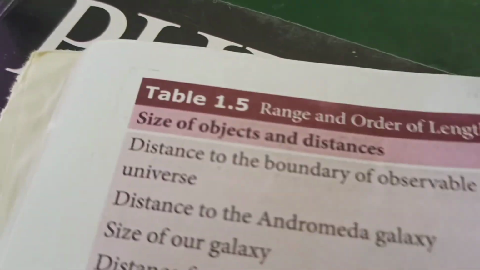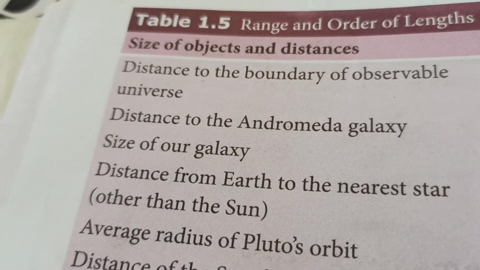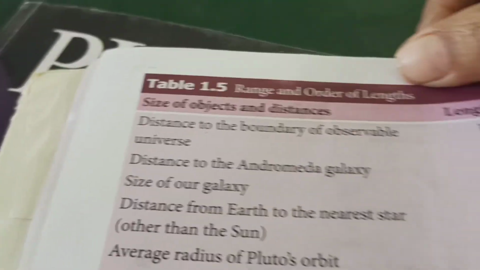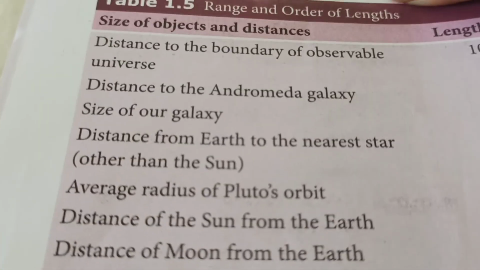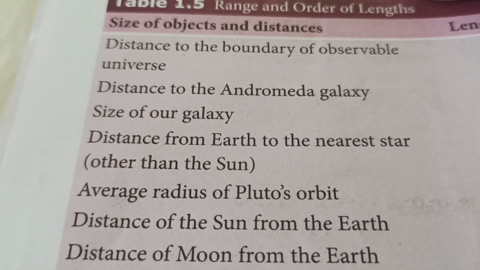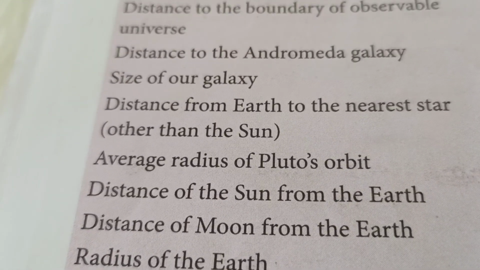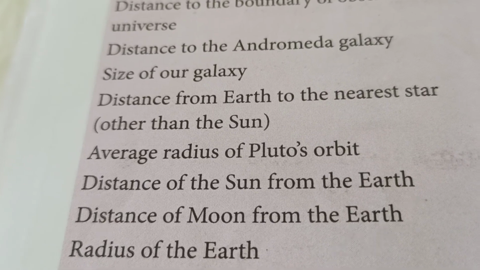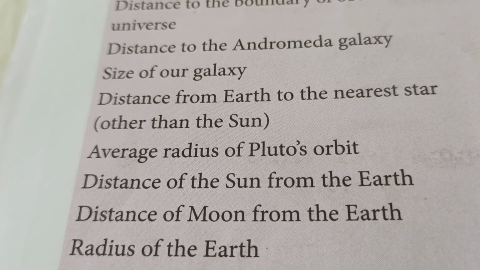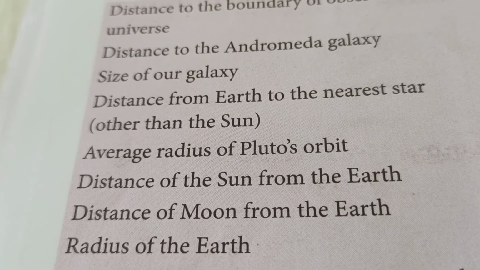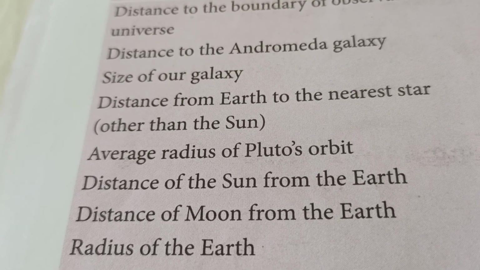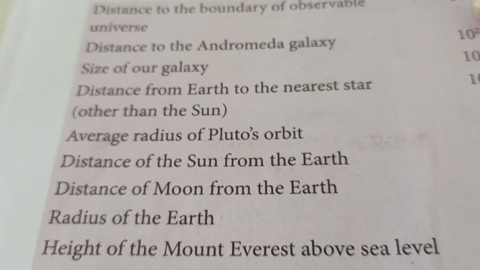Then the range and order of lengths, sizes of objects, and distances. The distance to the boundary of the observable universe is 10 power 26. Distance to the Andromeda galaxy, 10 power 22. Size of our galaxy, 10 power 21.